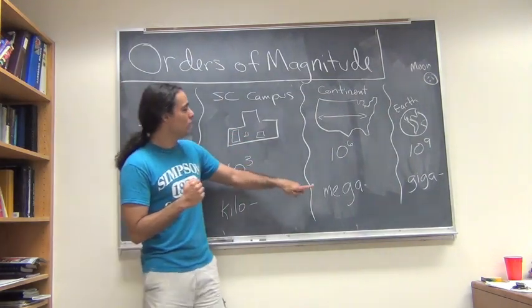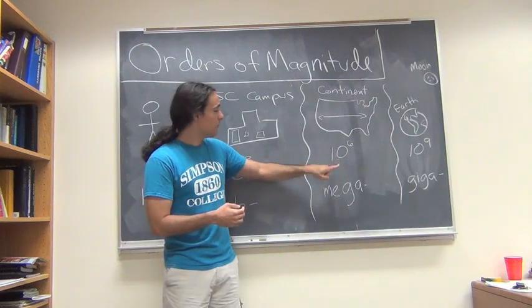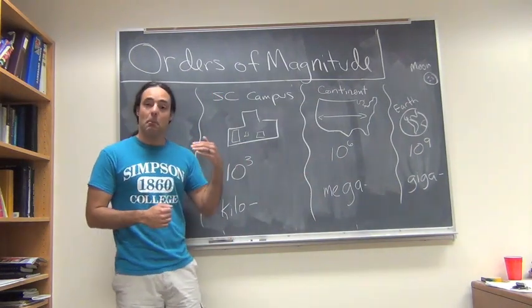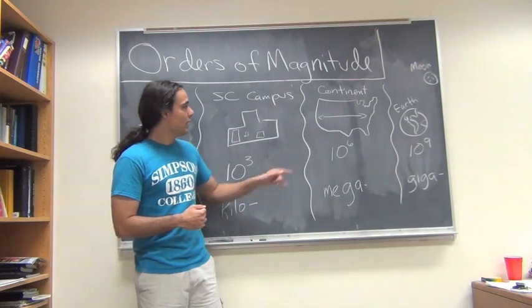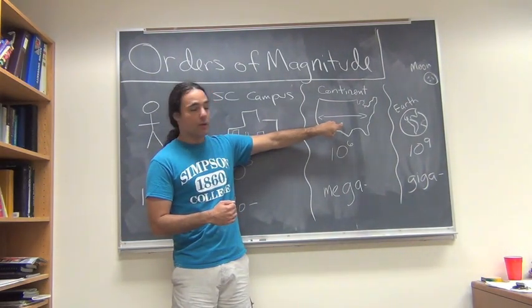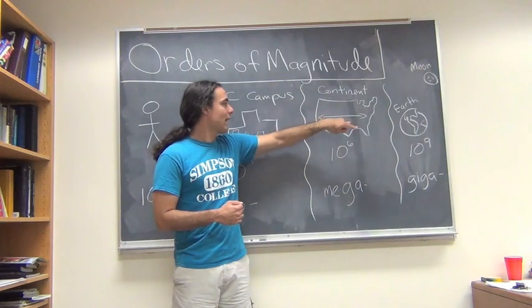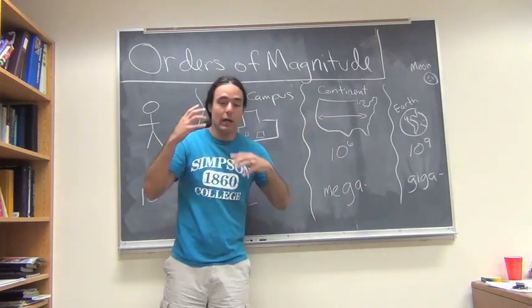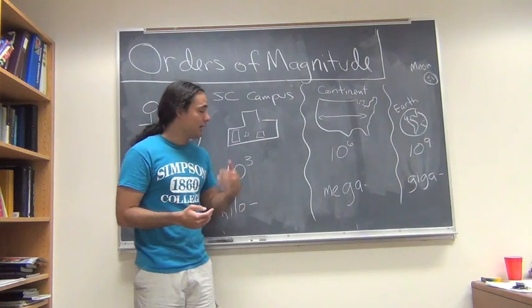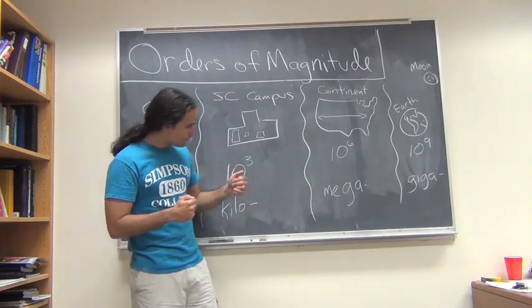Moving on to 1,000 times bigger, we get to mega, 10 to the 6. So that's 1,000,000 meters. That's roughly the distance across the continent. So from California to the East Coast, you might measure that in megameters.